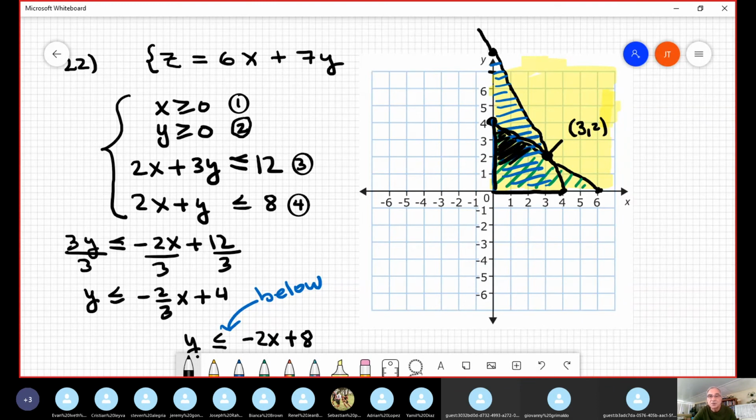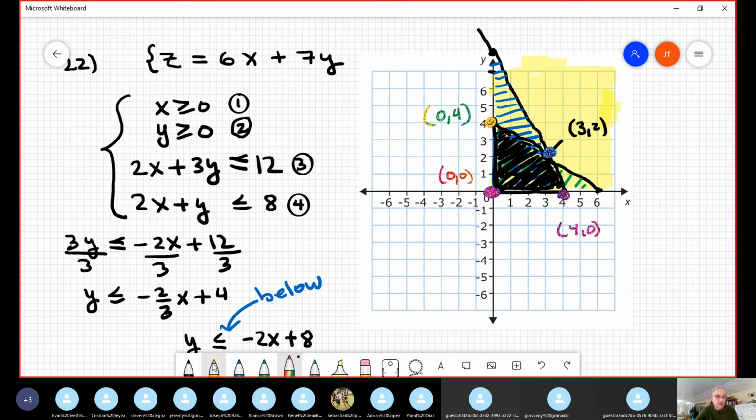Basically, this is my feasible region. Let me use a red color. The corners are this corner, (0, 0), this corner (0, 4), this corner (3, 2), and this corner (4, 0).